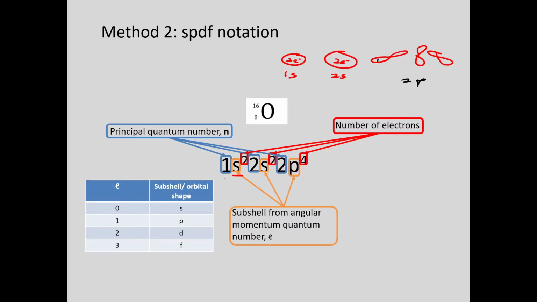We have 1 electron here, we have 1 electron here, 1 electron here, and another one here. Okay, macam tu lah. It's a very general idea yang nak tunjuk. Okay, untuk oksigen sahaja. So untuk oksigen dekat orbital 1s ada 2, dekat 2s ada 2, untuk kat 2p ada 4 elektron. Okay.